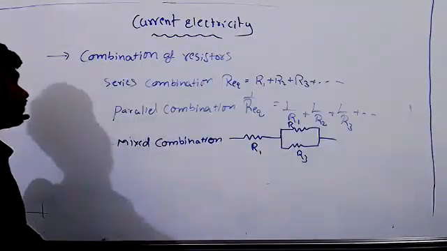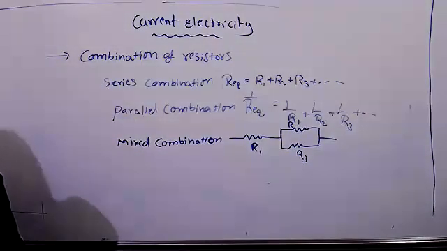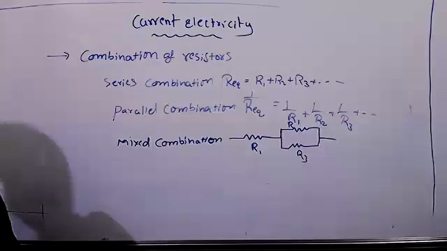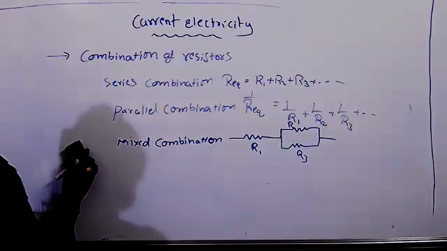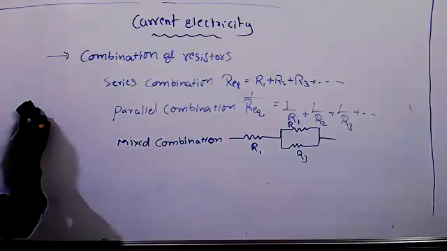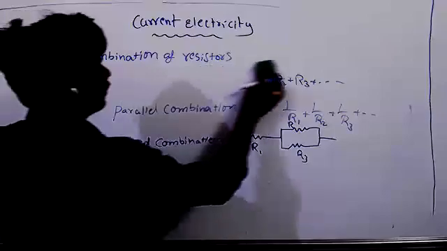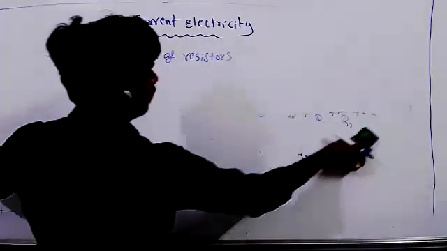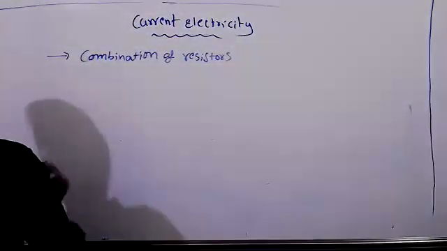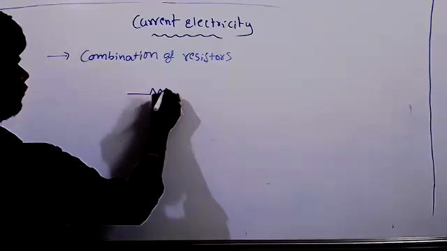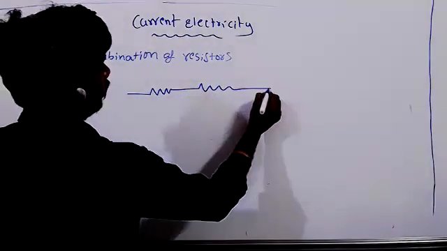That is called mixed combination. See once, that's the question. And that is 3 combinations. After the 3 combinations, one more question. It is the 4th method.